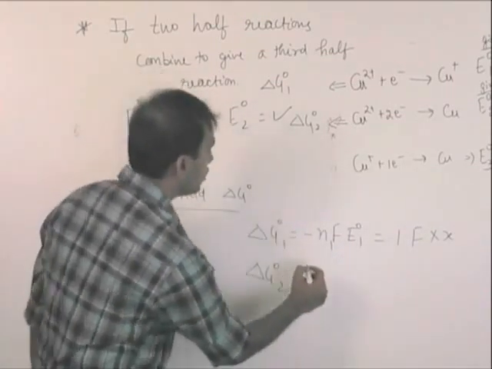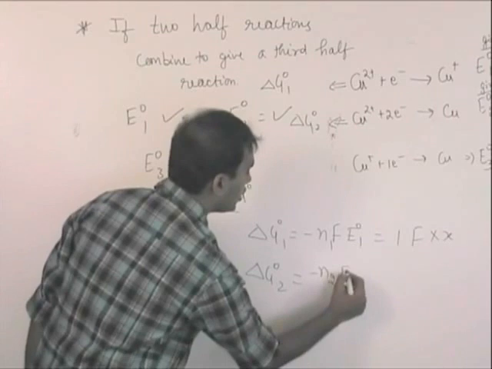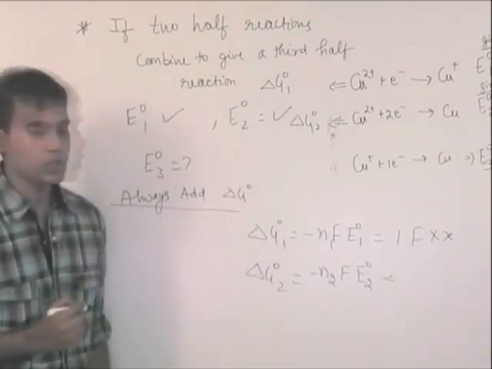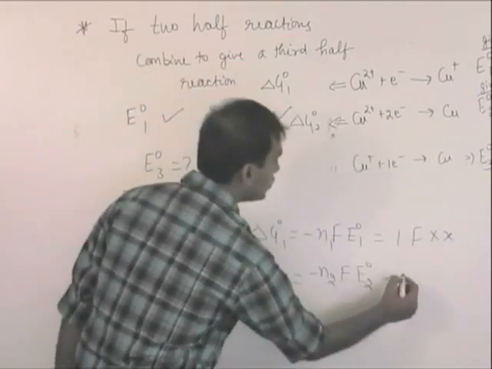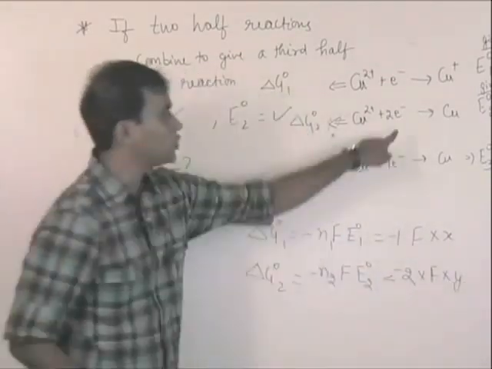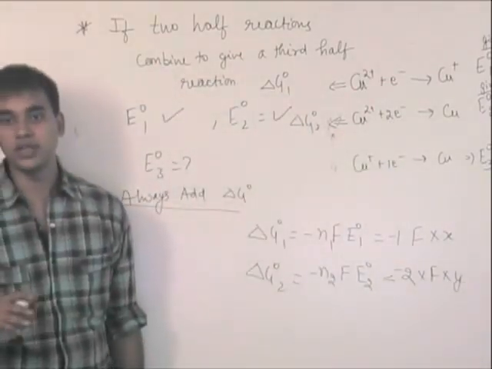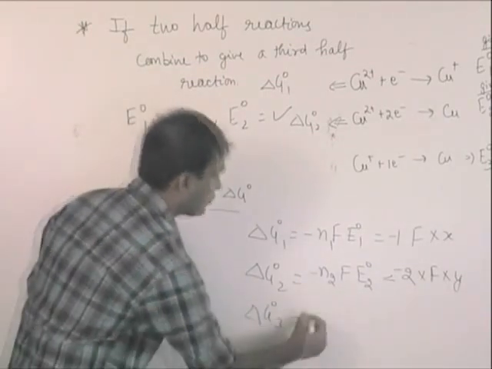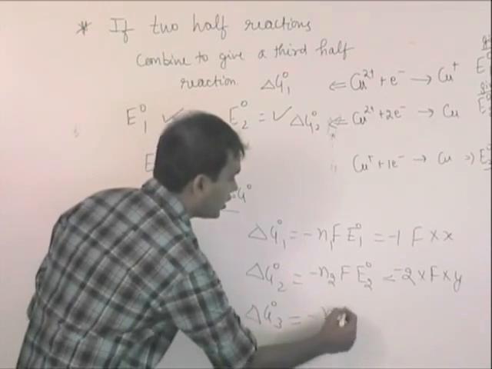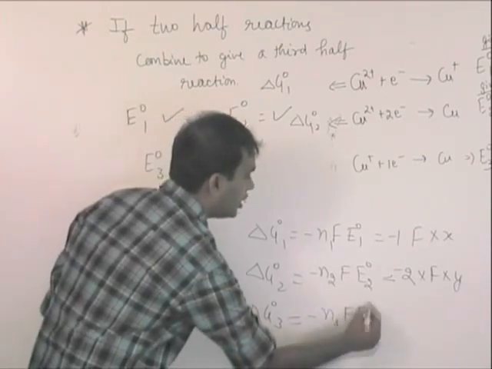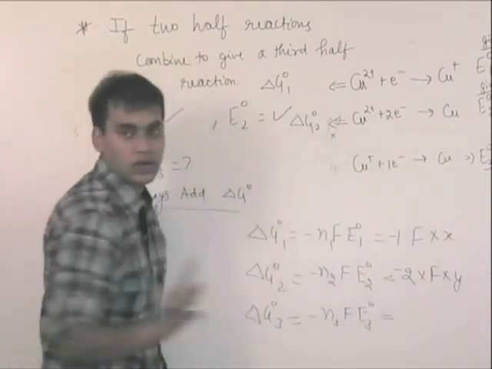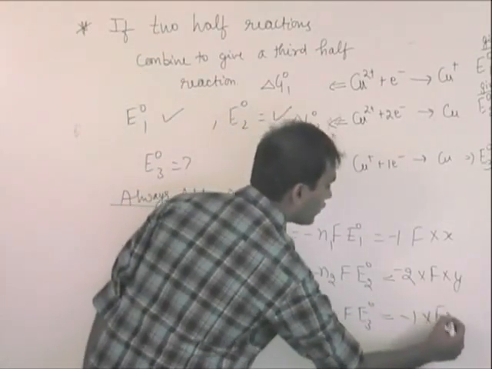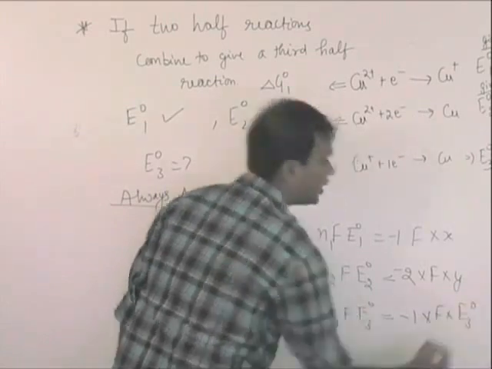What is delta G naught 2? Minus N2 into F into E naught 2. So what will be N2? N2 is 2 because we have 2 electrons. Simple enough. And what is delta G naught 3? Minus N3 into F into E3 naught. What is N3? 1. So minus 1 into F into E3 naught.